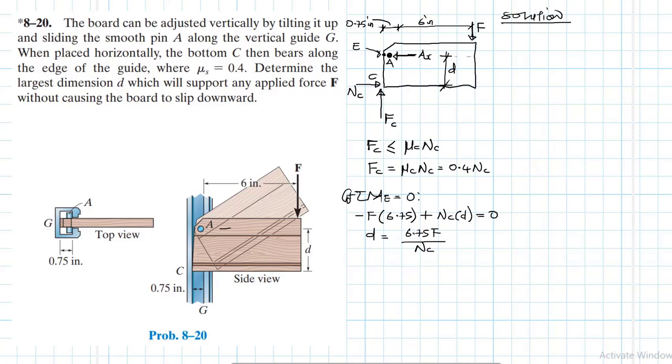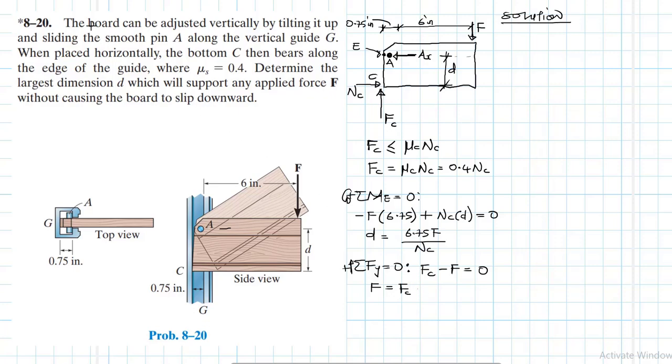Let's sum up the forces in the Y direction. Summation of forces in the Y direction equal to 0. In the Y we have FC minus F equal to 0, and therefore our F is going to be equal to FC.